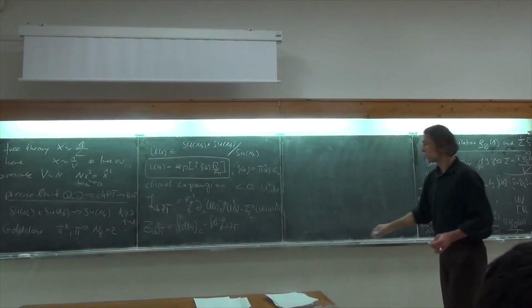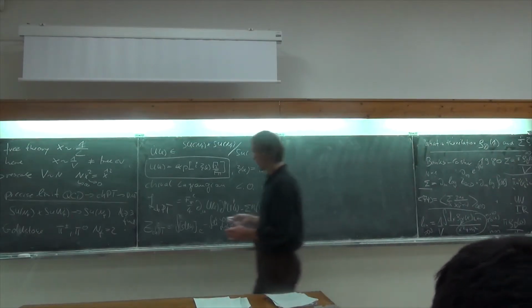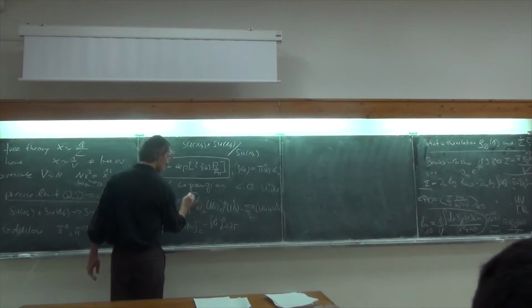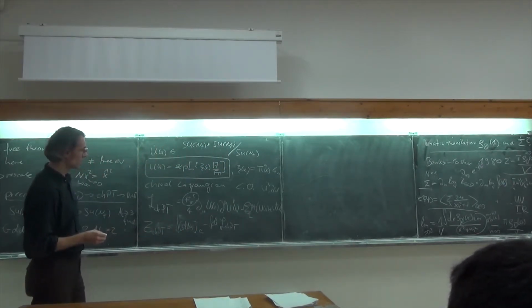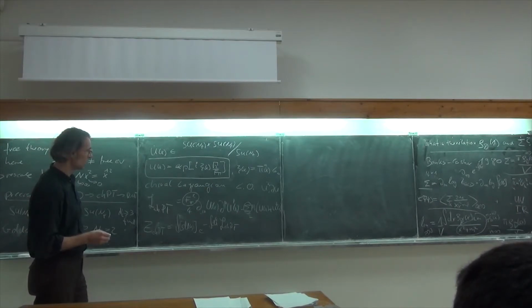Okay. Now, I did not say what this is. So this is the pion decay constant, and it turns out that this is, after some massage, the chiral condensate.